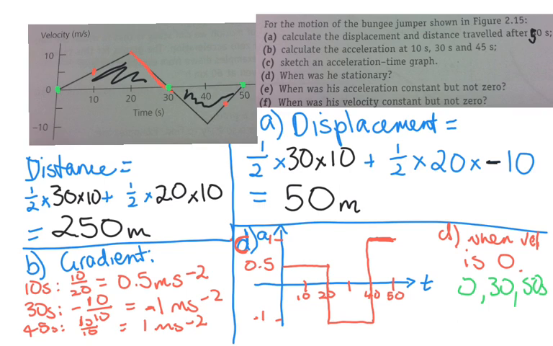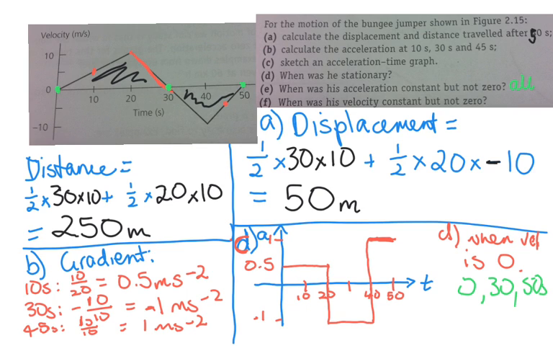And then when was his acceleration constant, but not 0? That'll be in each of those sections. Wherever the velocity time graph is linear, we get a constant acceleration. So we can just say all times there.